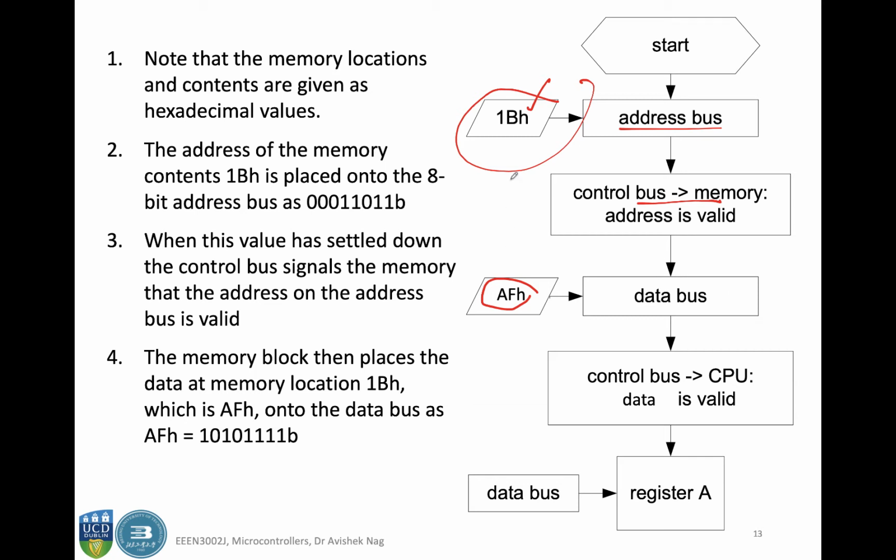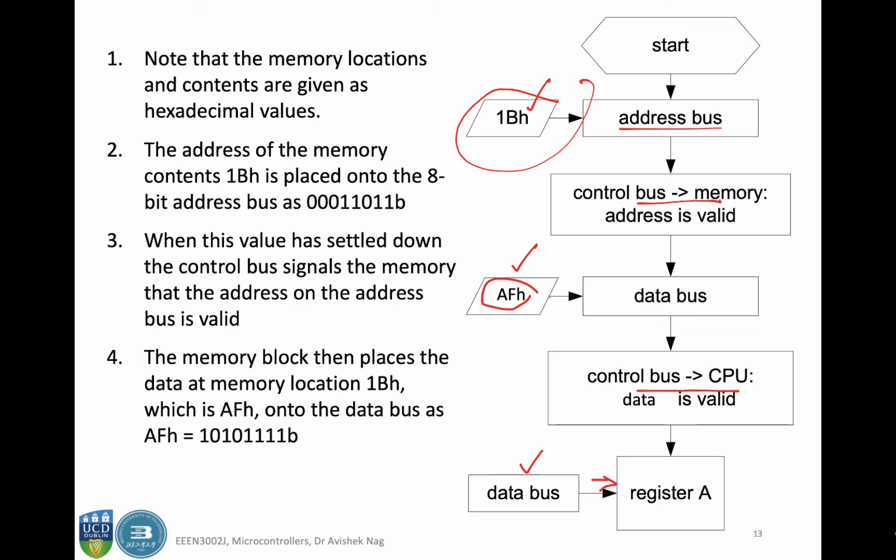Then again the control bus signals the CPU that this data is valid, and whatever is the content of the data bus, which is AFH right now, is pushed to your register A.